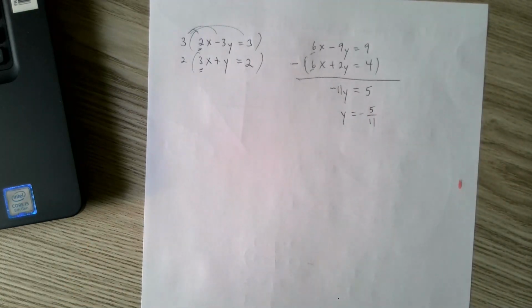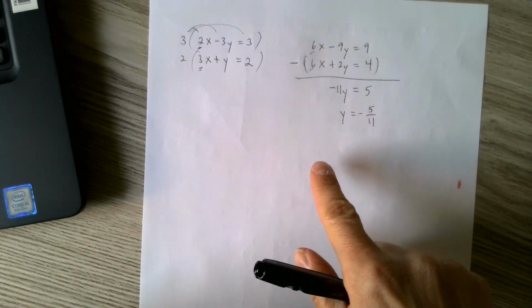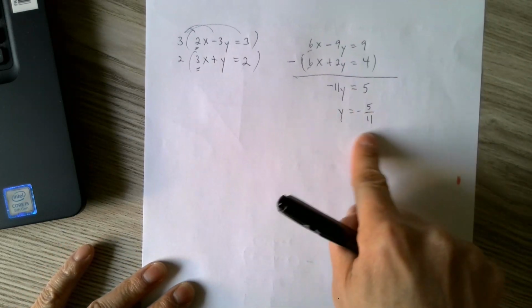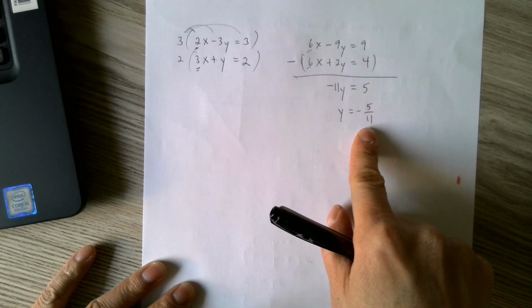So y is negative 5 over 11. So already you can see that there is no way trying to solve this by graphing would have been easy, because there's no way I would have eyeballed that kind of coordinate on the coordinate plane.